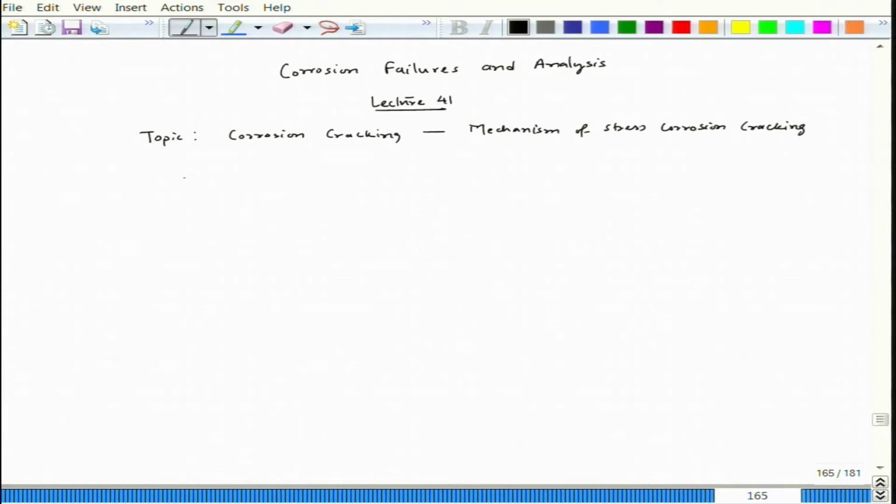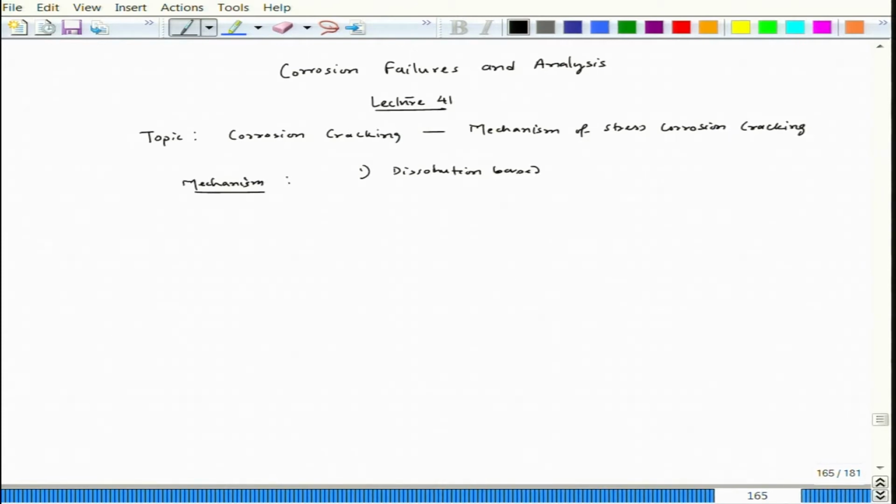Now, we talked about in the mechanism part, we have two major mechanisms. One is dissolution based, which either can be a pre-existing path mechanism, or otherwise it could be the film rupture model or slip step model, as well as there could be the possibility of a tunnel mechanism.